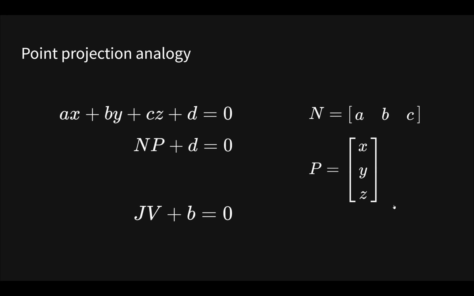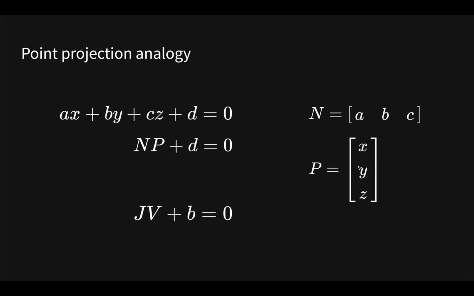And there is an analogy. I know this is a lot to take in. There's an analogy between this expression here and point projections. You can recall that an equation like this would be a plane in 3 dimensions.